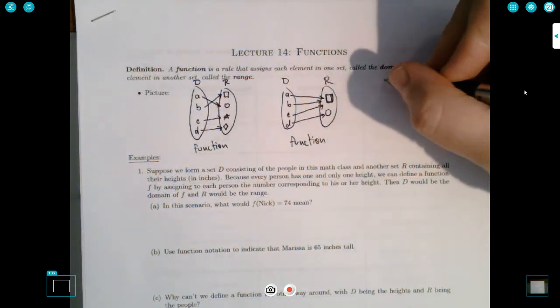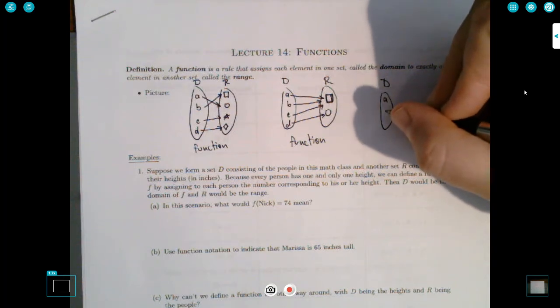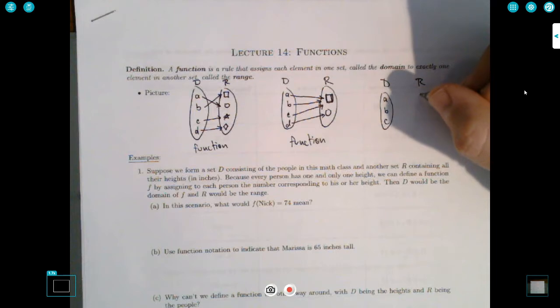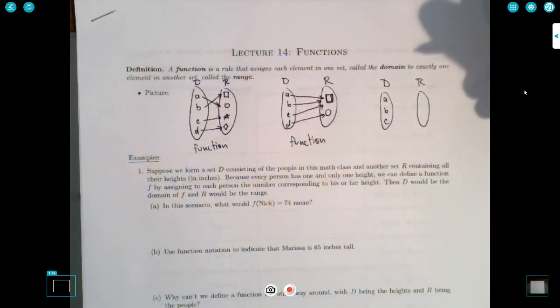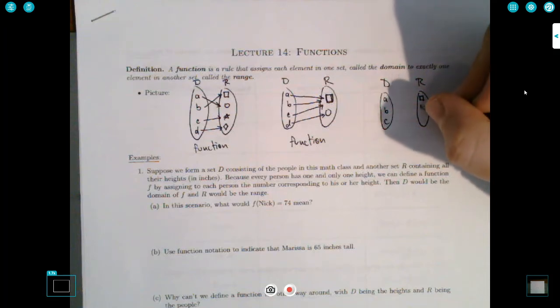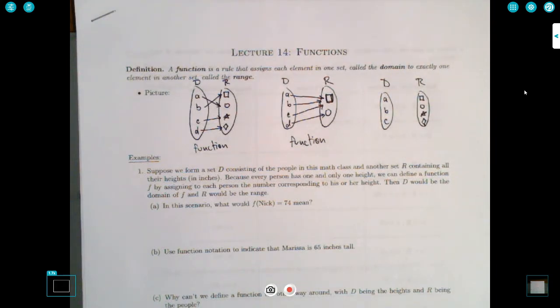Okay, so what we can't have would be a situation like this, where your domain is made up of A, B, C, and let's say that your range is made up of square, circle, star, and diamond, like it was before. Okay?